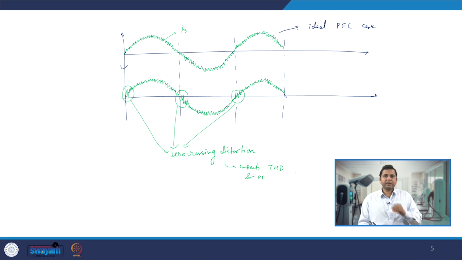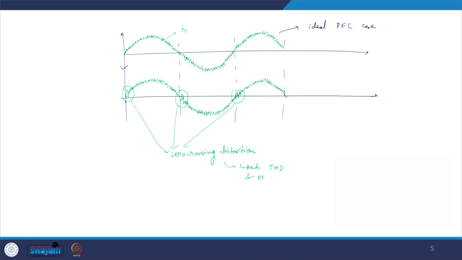That means if the power factor is unity, it will be measuring somewhere around 0.97, 0.98, 0.99, not exactly 1. And if you look very carefully, this zero crossing distortion we have discussed for the negative to positive case. Similarly, there will also be one in the positive to negative case as well.